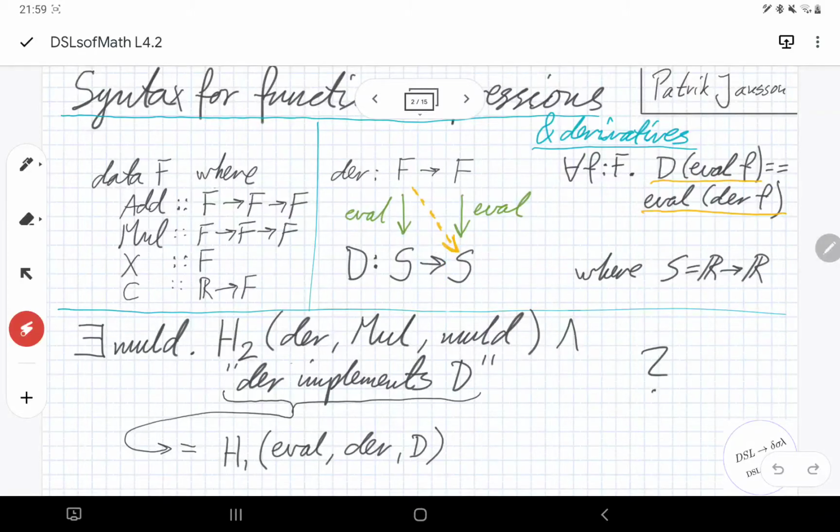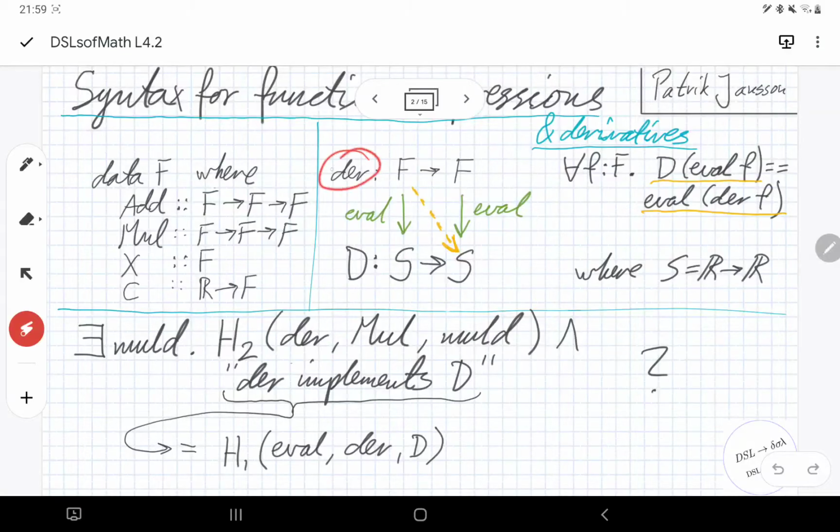As I mentioned earlier, we can evaluate a syntax tree to a function, and that's the function eval, which we've used before. And we know that eval is a homomorphism. Here is the same eval applied on the result side. This is a so-called category theoretical diagram, and we can go through this diagram by function composition.